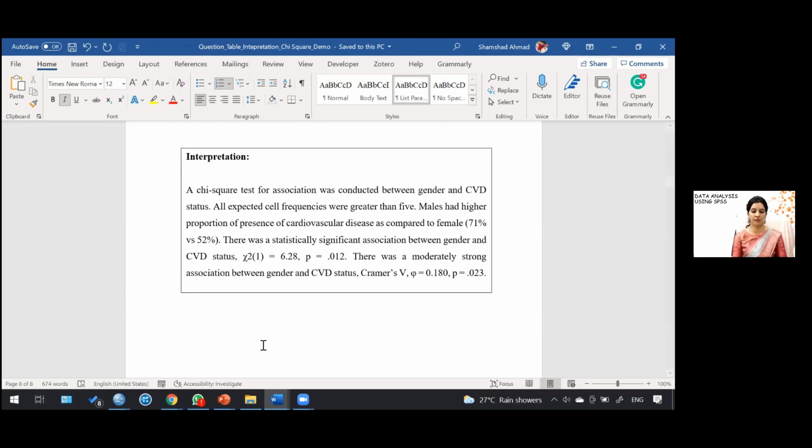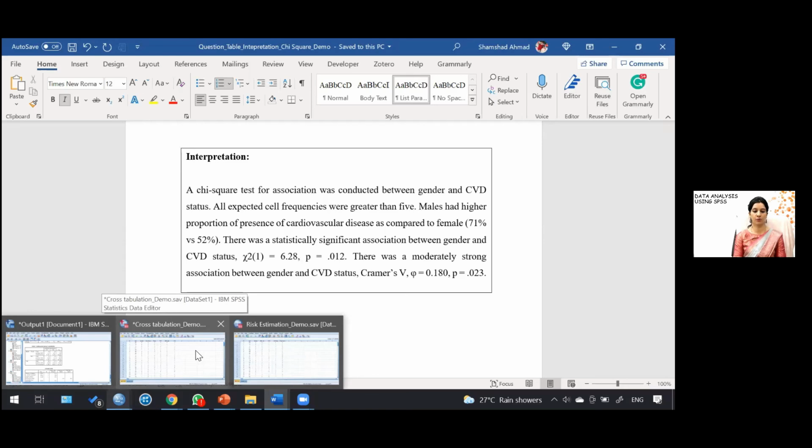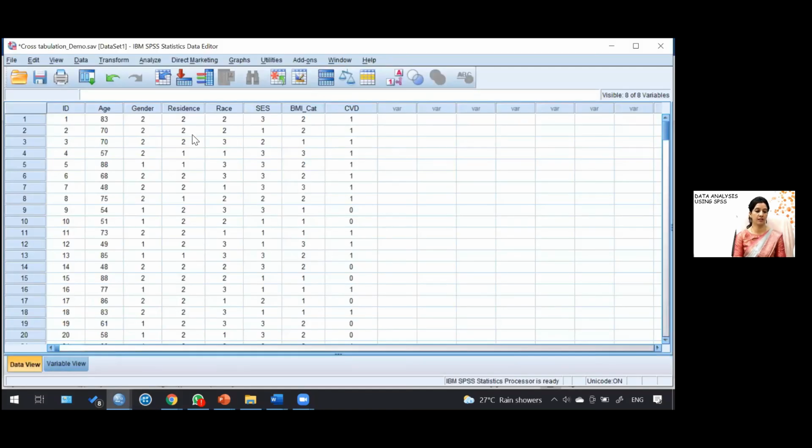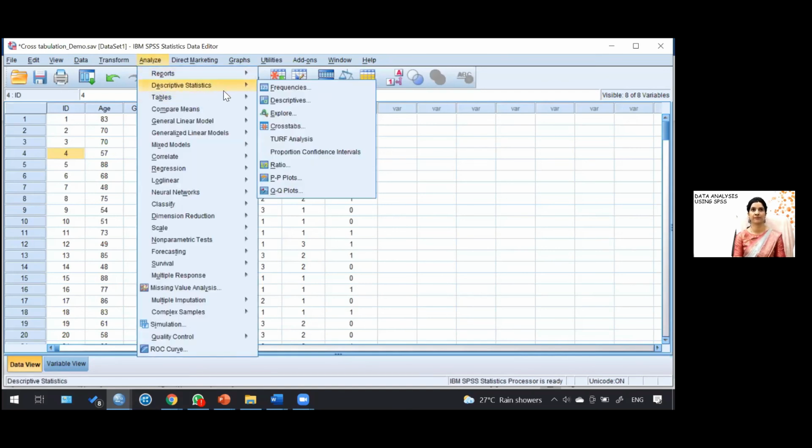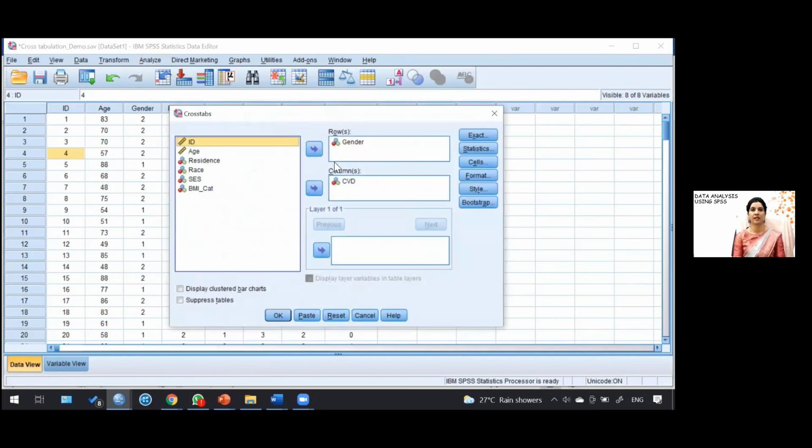Okay, so now we'll go to the second table, second question. So that was the race and cardiovascular disease. So what I'll do, I'll again go to Analyze. In Descriptive, there is an option of Crosstabs. In Crosstabs, because the CVD will be there in the dependent column only, and race I will shift to the row.